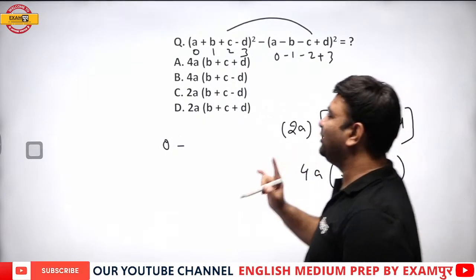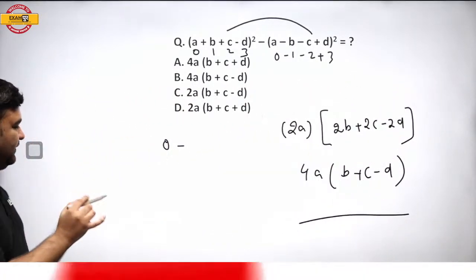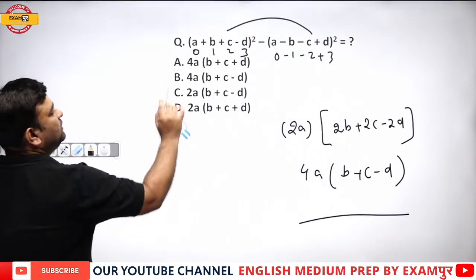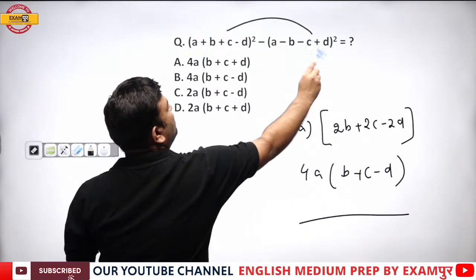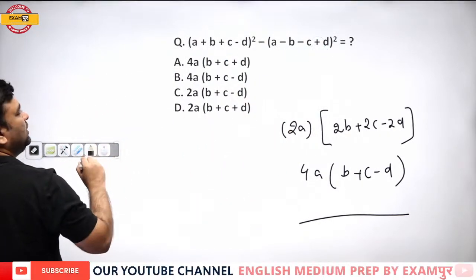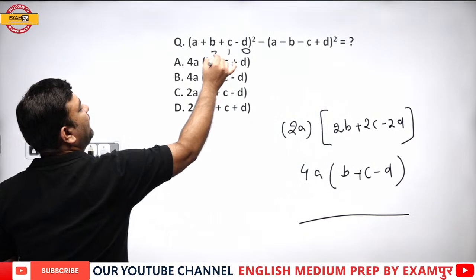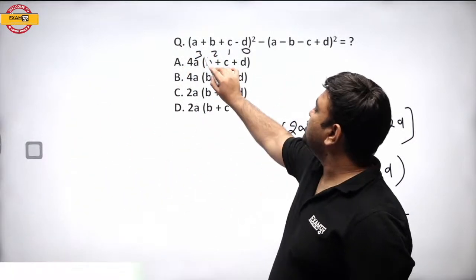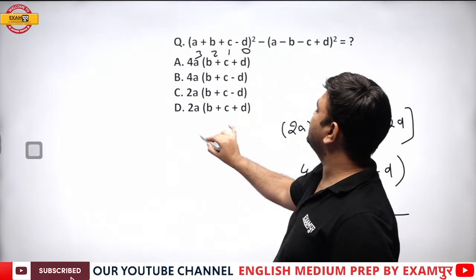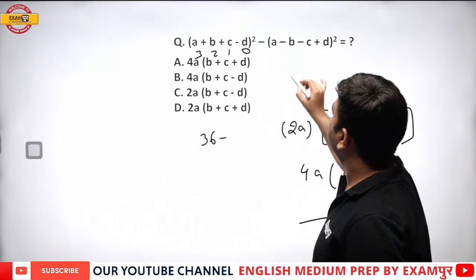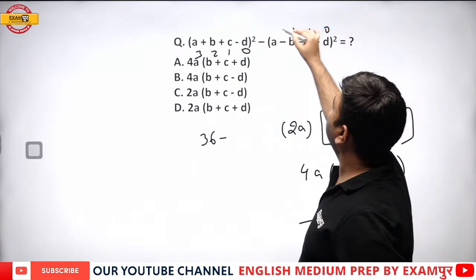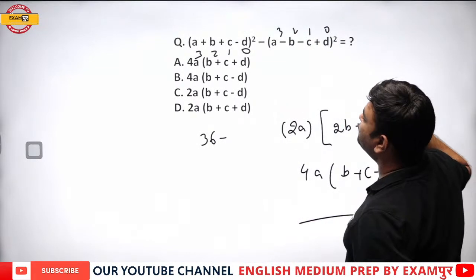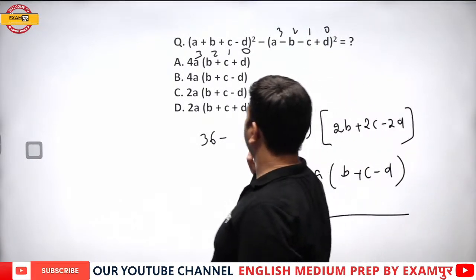Achha, don't assume A as 0, otherwise all options will become 0. So 0, 1, 2, 3. So it is about 3 plus 2, 5 plus 1, 6. 6 minus 0, 6 ka square, 36 minus 0, 1, 2, 3. 3 minus 2, 1, 1 minus 1, 0, 0 plus 0, 0, 0, 36.